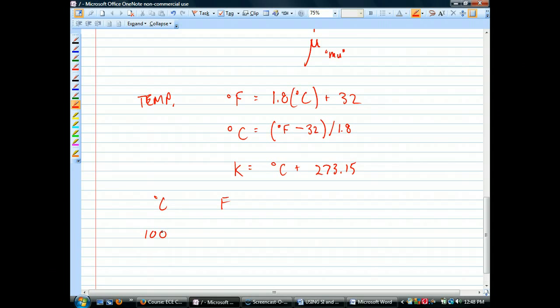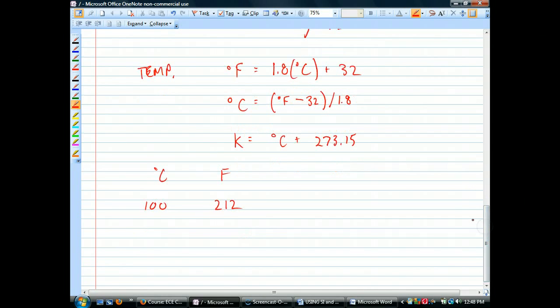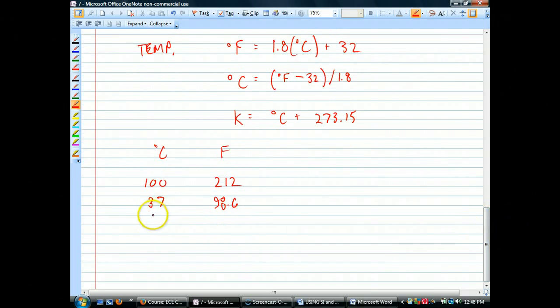Of course, 100, boiling point of water, is 212. 0 is freezing, and then we've got a couple points in here. 37 is body temperature, which is 98.6. And we've got 20 degrees, which is room temperature, which is 68 Fahrenheit.